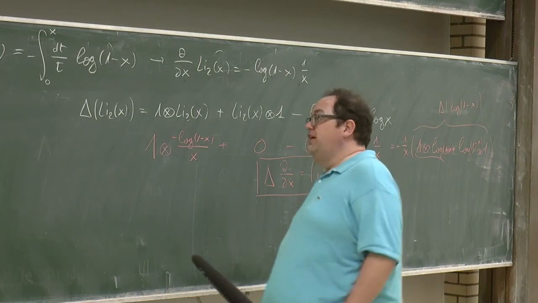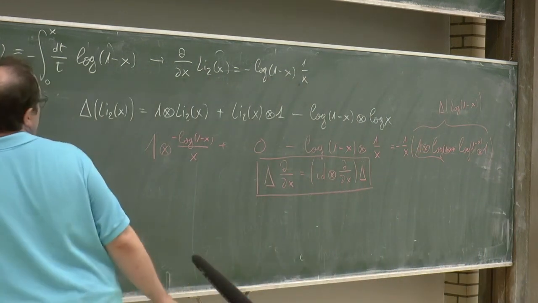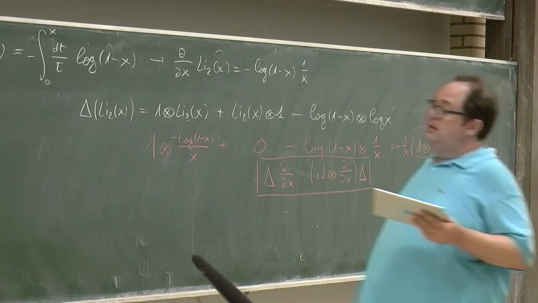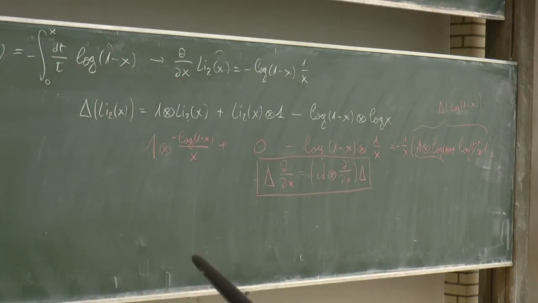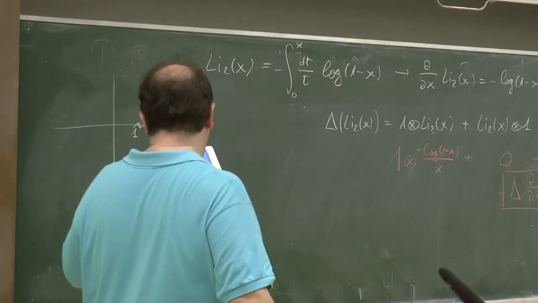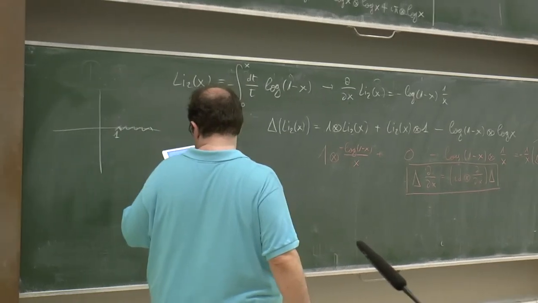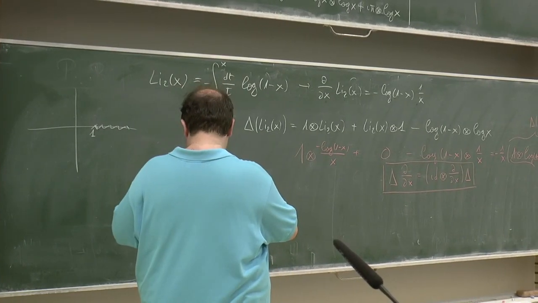So what about the other operation, the discontinuity? The discontinuity of Li2, we said it many times, has a branch cut starting from 1. So let's look at the discontinuity across this cut.